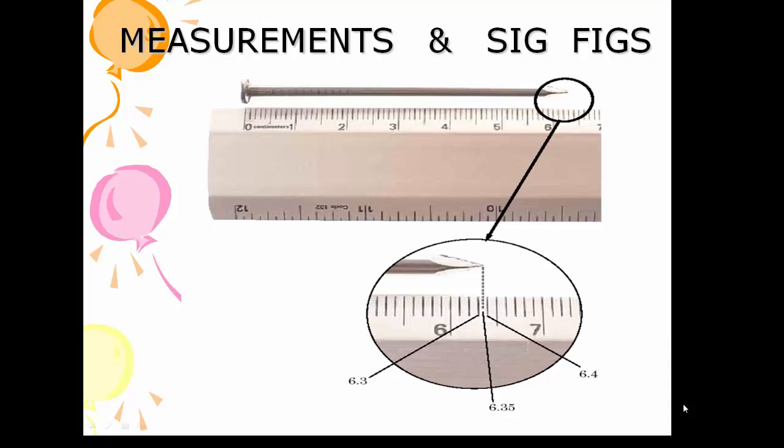If you look at the enlarged view, you can see that the nail is actually between 6.3 and 6.4 centimeters long. So we can estimate that the nail is about 6.35 centimeters long. So we record the answer to 3 Sig Figs.